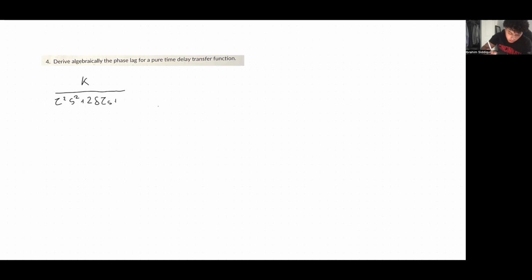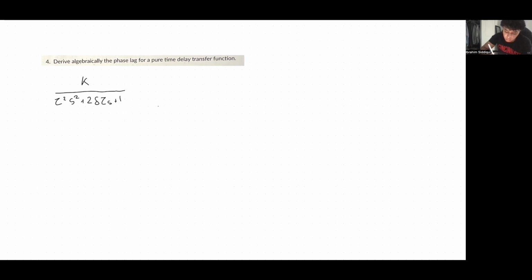Okay, looking at this, we can see that there is another way to rewrite it. We've looked at quite a few times that S, essentially our Laplace domain factor, can be rewritten as j omega.